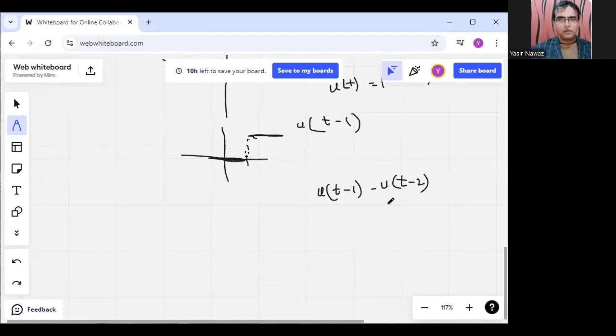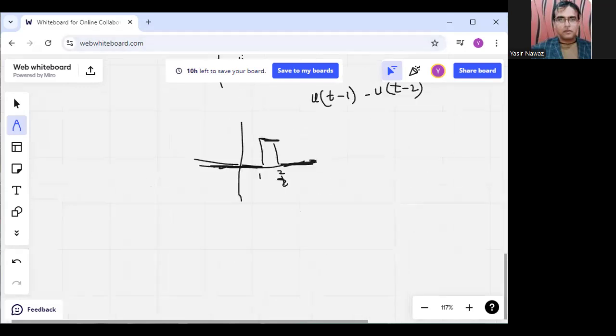So the whole function gives the value 1 between 1 and 2, and the rest of the t values give 0. So it's 0 here and 1 between 1 and 2, and 0 elsewhere. This is a square wave.